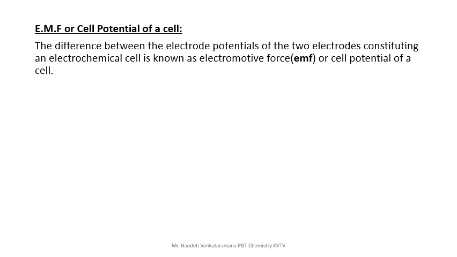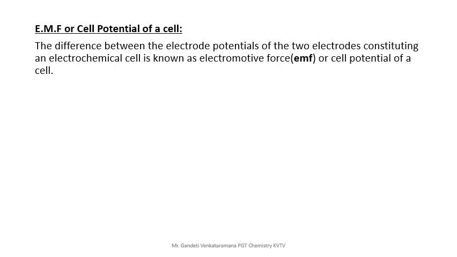So that difference between the electrode potentials of those two electrodes in an electrochemical cell is known as electromotive force. I have been repeating this statement because it is somewhat unclear. Clear? So try to understand.